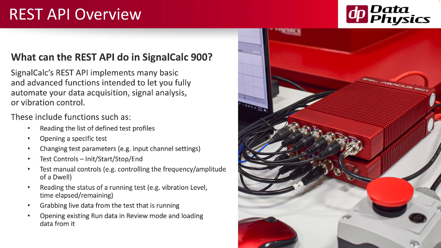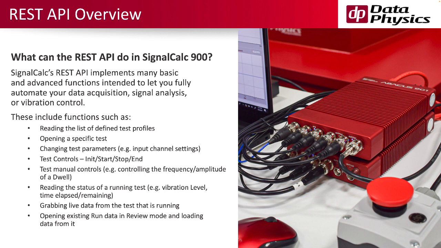So the types of commands, this is a shorter list. We have a longer list of commands, but the shorter list, the concise list here, includes things like reading your list of test profiles. So if you're familiar with SignalCalc 900, you'll have your manage test button, which has your database of tests. So getting that list of tests, opening a specific test in the run test page.